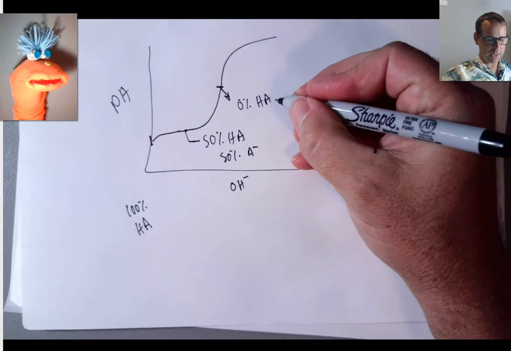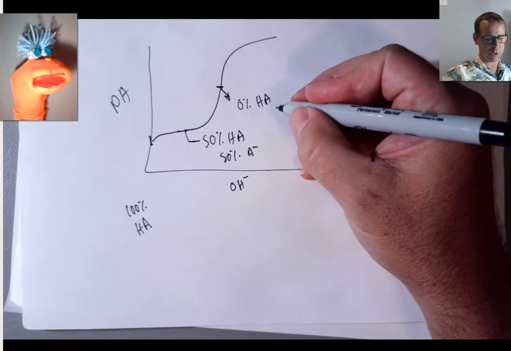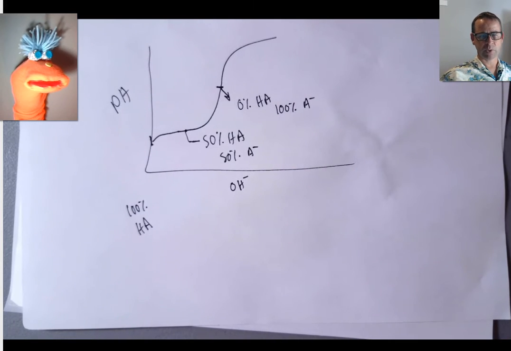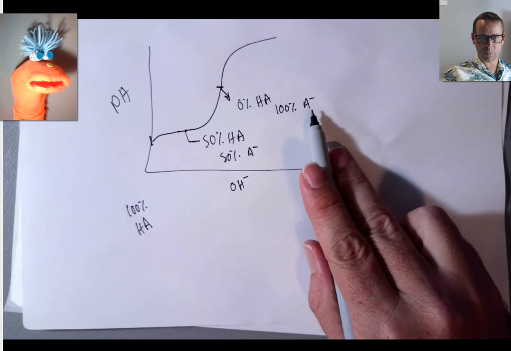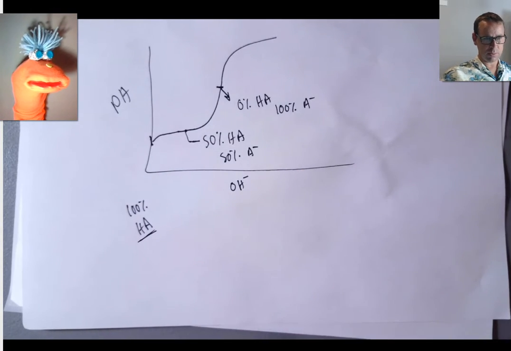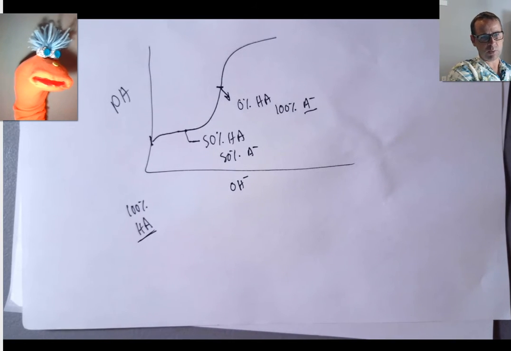Very good. And here, what percentage is in the A minus form? 100%. That's right, 100% here is in the dissociated form. Okay? Well, if that is the dissociated form, A minus, and this was a weak acid, right? That makes this the conjugate base of a weak acid.